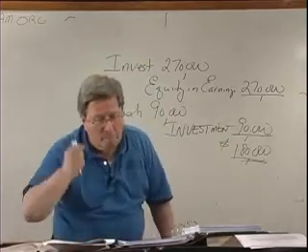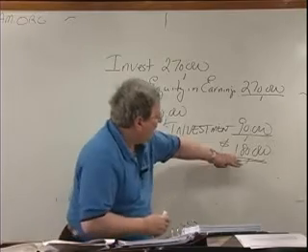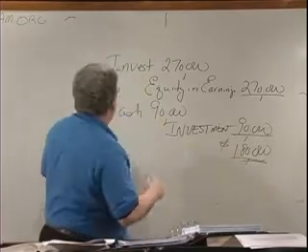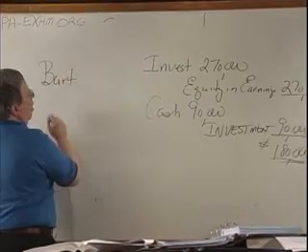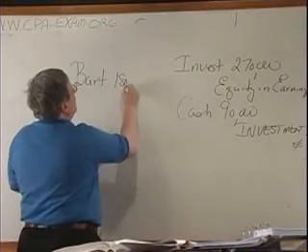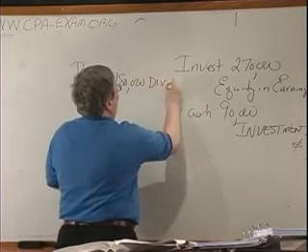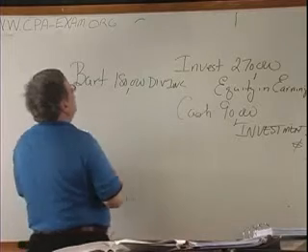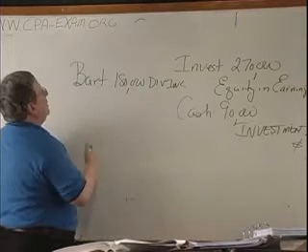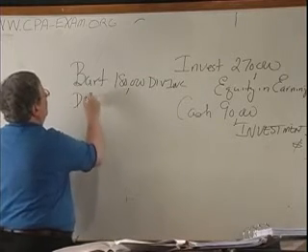Now, when Bart gets this $180,000 in the future, Bart will pick it up on his tax return as dividend income. Now, Bart will be entitled to the 80% dividend received deduction.